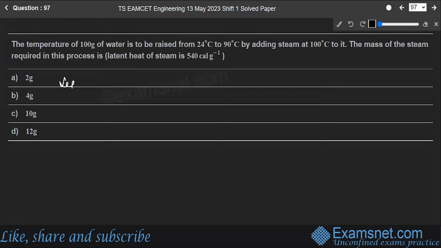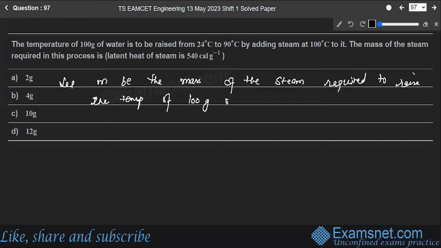So first of all, let M be the mass of the steam required to raise the temperature of 100 gram of water from 24 to 90 degrees Celsius.